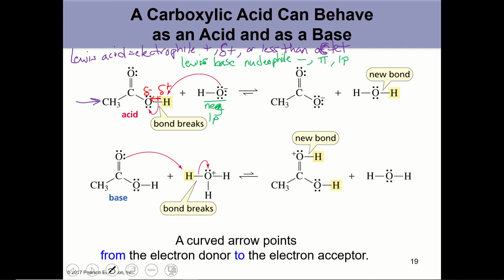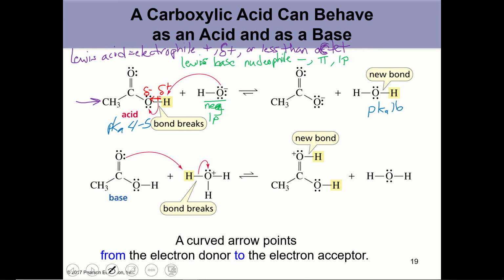So for the carboxylic acid, the pKa is going to be 4 to 5. And for the acid in the product, which is the water, because it has one more hydrogen than the hydroxide, so that indicates that it's the conjugate acid, then the pKa of water is 16, which is greater than the pKa of the carboxylic acid.